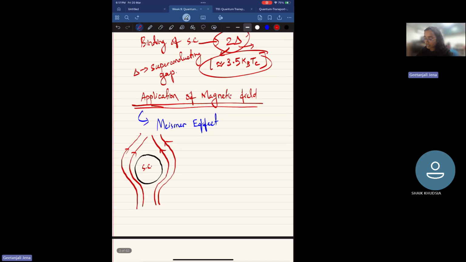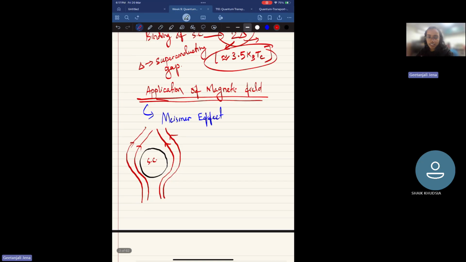So here, the external magnetic field is trying to increase the ground state energy of the superconducting state. To minimize that, the superconducting material will induce a surface current at the surface. If you recall, the current will produce a magnetic field.